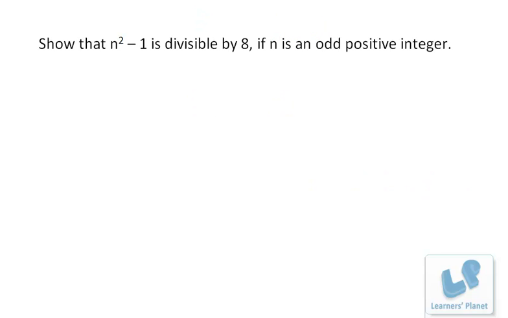Now friends, let's take up this problem. Show that n square minus 1 is divisible by 8 if n is an odd positive integer, right? Now, we have to prove this using Euclid's lemma, right?